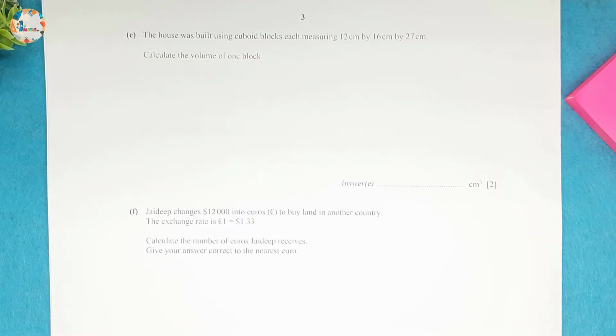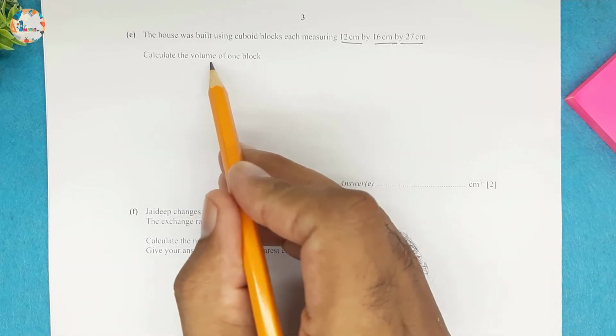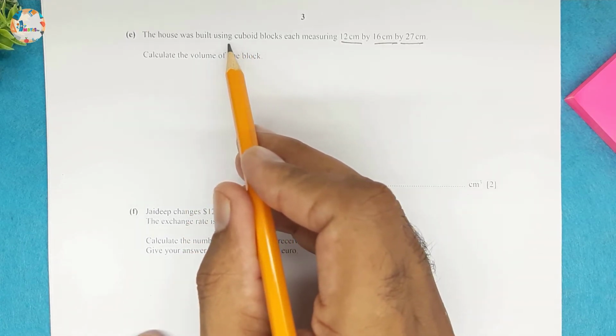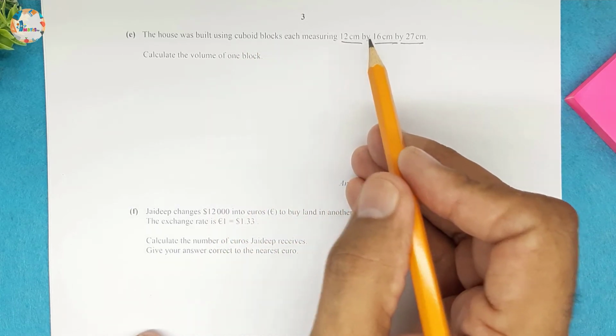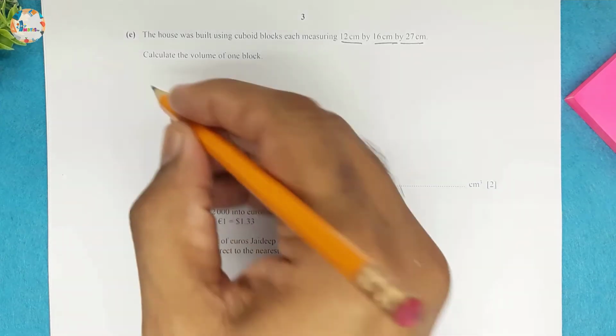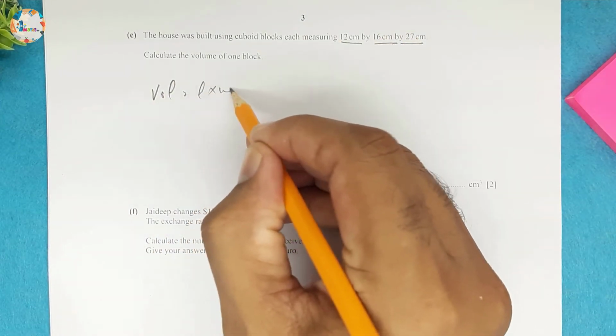Now the house was built using cuboid blocks, each measuring this by this by this. Calculate the volume of one block. We know volume is equal to length into width into height.